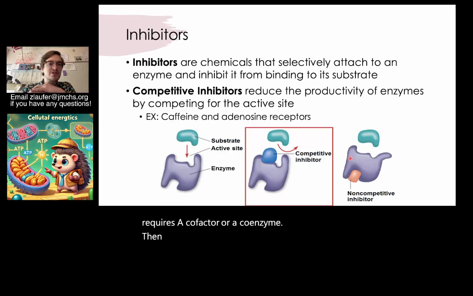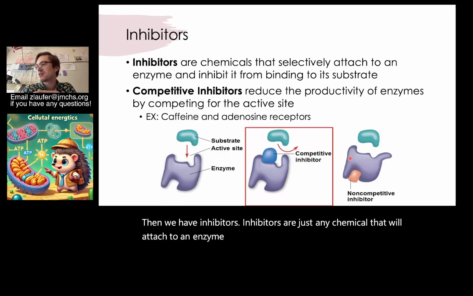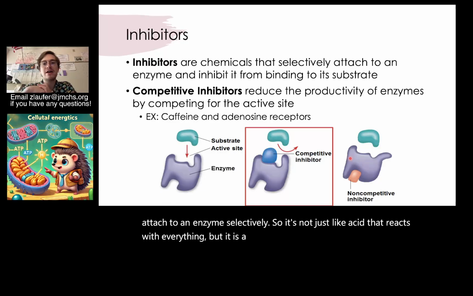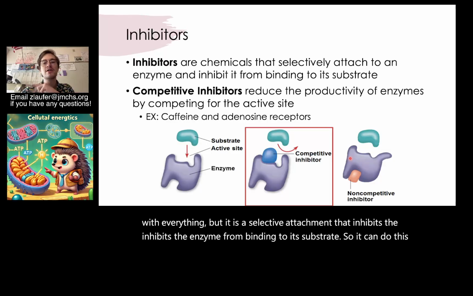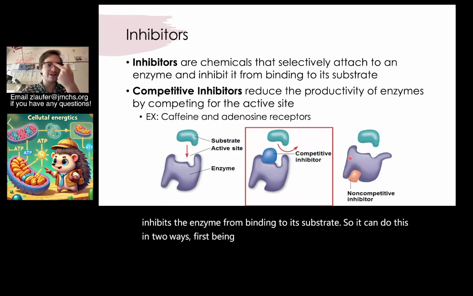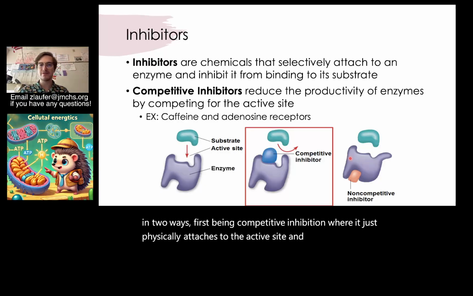Then we have inhibitors. Inhibitors are just any chemical that will attach to an enzyme selectively. So it's not just like acid that reacts with everything, but it is a selective attachment that inhibits the enzyme from binding to its substrate. It can do this in two ways. First being competitive inhibition, where it just physically attaches to the active site and blocks the substrate from getting in.